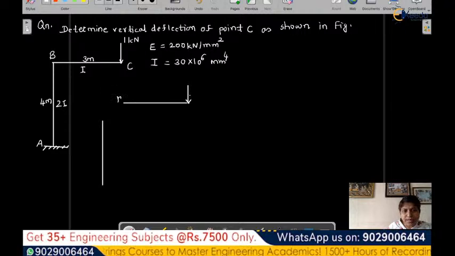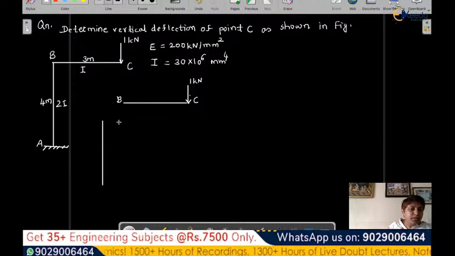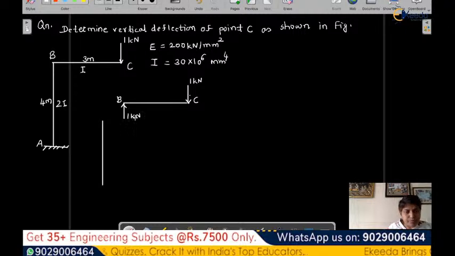When one load is acting over here, now it is no more together, because we are drawing a free body diagram. Then in that case, it has to be balanced. So when 1 kilonewton is acting over here, now just forget this. We have to show that it is taken care by 1 kilonewton load over here. So we will draw 1 kilonewton over here.